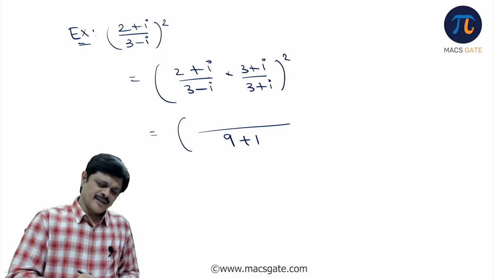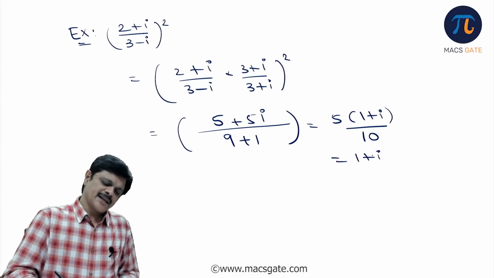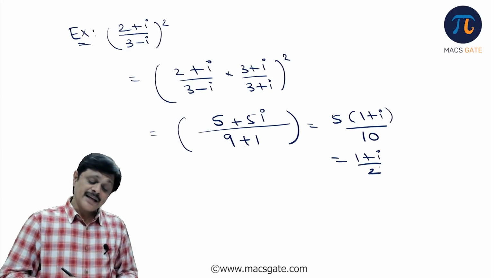I square is minus 1. Okay, sorry, 2 3s are 6 minus i square, that is 5, plus 2i plus 3i, that is 5i. So that is 5 taking common, (1 plus i) by (9 plus 1), 10, which is nothing but (1 plus i) by 2. Is the idea clear?